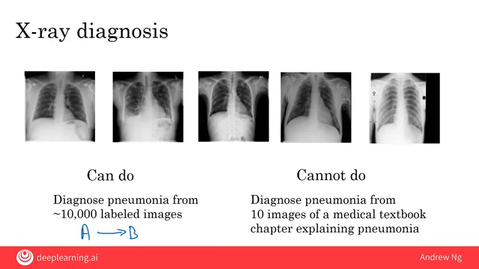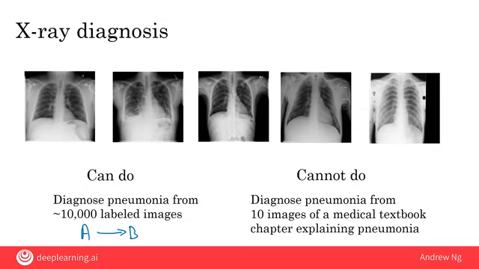Something that AI cannot do would be to diagnose pneumonia from 10 images of a medical textbook chapter explaining pneumonia. A human can look at a small set of images, maybe just a few dozen images, and read a few paragraphs from a medical textbook and start to get a sense.